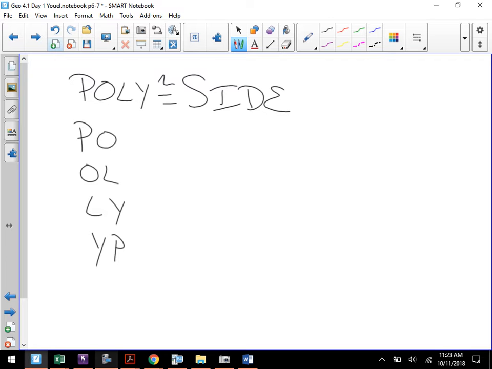Those are all segments. PO has to be congruent to which one's the other one? SI. OL has to be OLID. It's almost solid, but it's OLID.